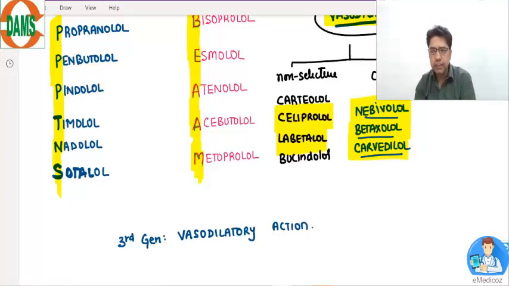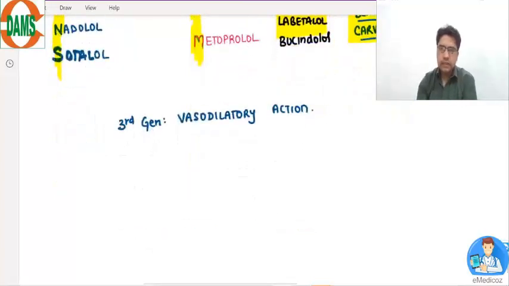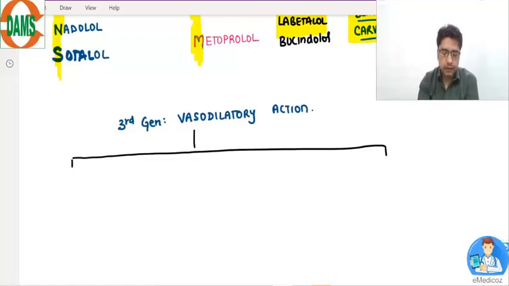Very simple to remember. Let's see how they produce vasodilatation. We'll make a chart, and we will write 1, 2, 3, 4, and 5. You'll write 5 points.